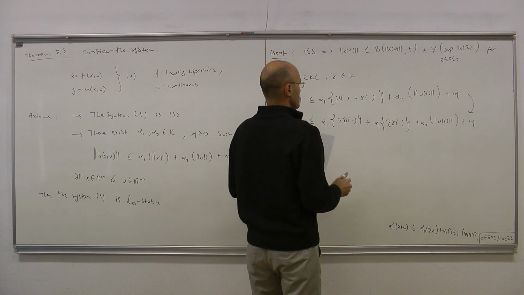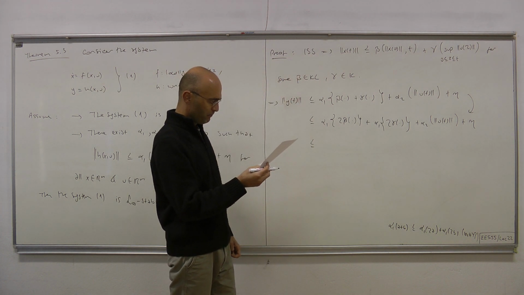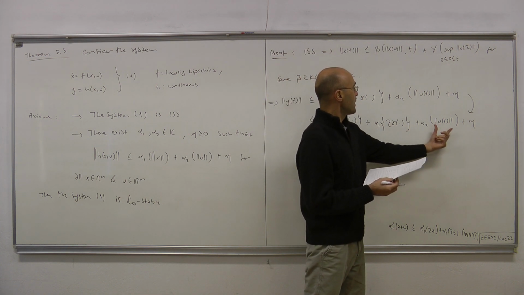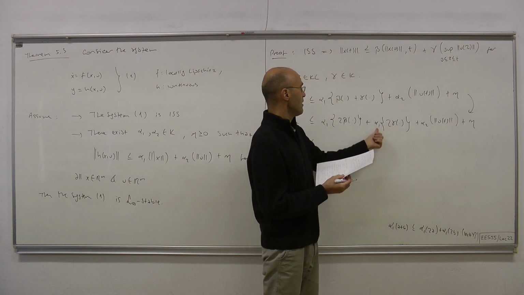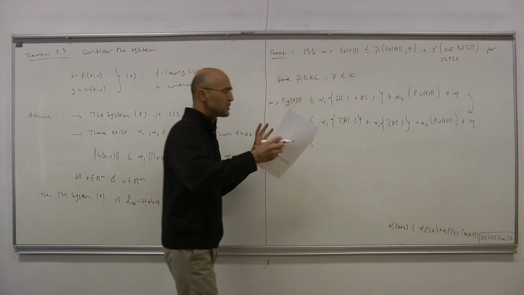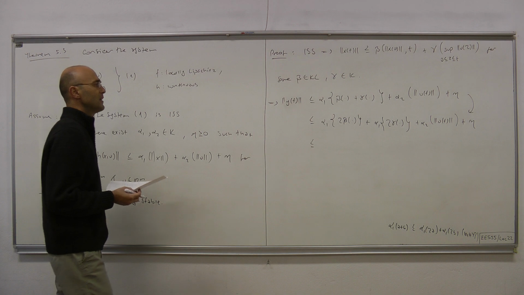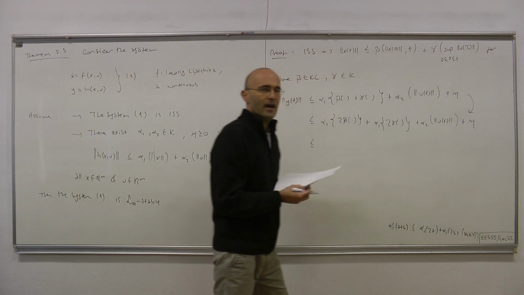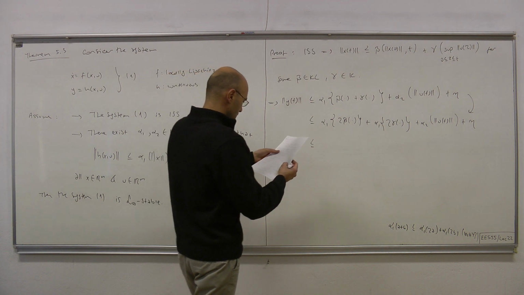So what we're going to do is collect the terms that contain the input. We have the alpha 2 term, and we have the alpha 1 of 2 gamma term, because inside gamma we also have the input. So let's gather the input terms and then collect other terms as the next chunk.